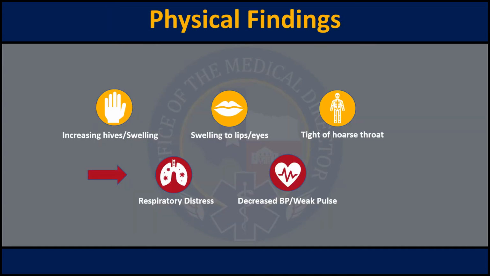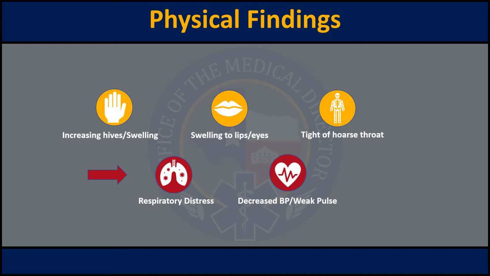Physical findings for a severe allergic reaction, oftentimes involving respiratory distress, include the following: increasing generalized hives and swelling, significant swelling to the lips, tongue, or eyes, increased tightness of the throat or a hoarse voice, vomiting or severe diarrhea.